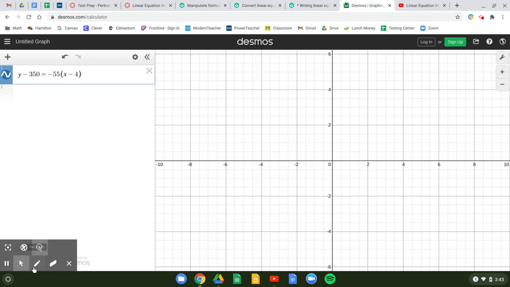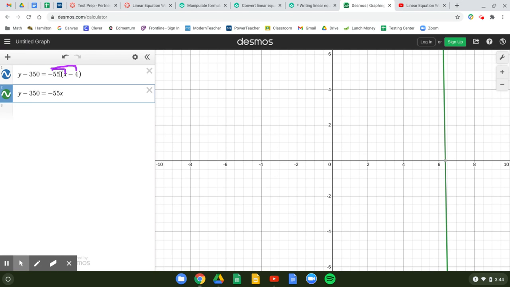All right, so again, I'm going to distribute. So I will get y minus 350 equals negative 55x. Now I have a negative times negative, so I'm going to get a positive 220. Yep, 220.